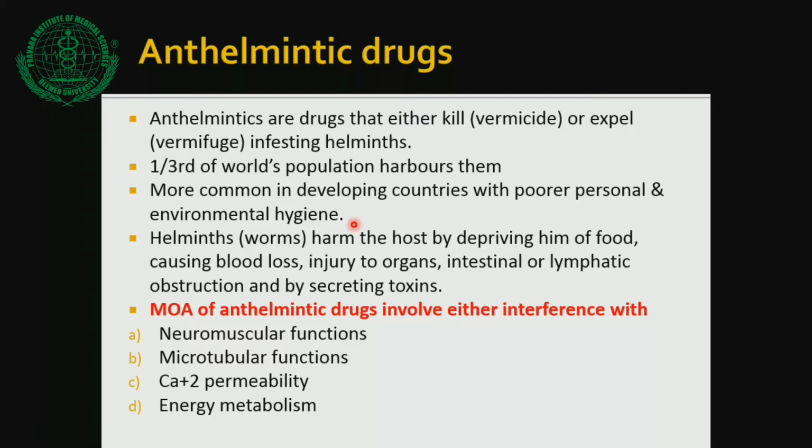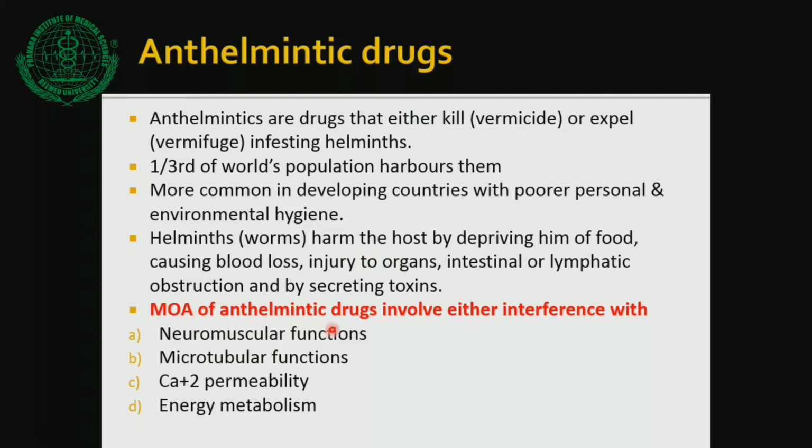Most of the worms have their own excretory, digestive, reproductive system, but they depend on the host for their food and nutrition. So they consume the food we are consuming, and because of that the patient may suffer from symptoms like anemia, weight loss, anorexia, abdominal pain. These are the common symptoms, especially in case of intestinal infestations.